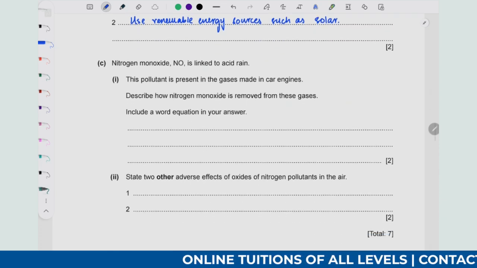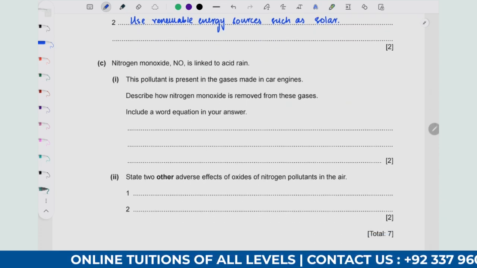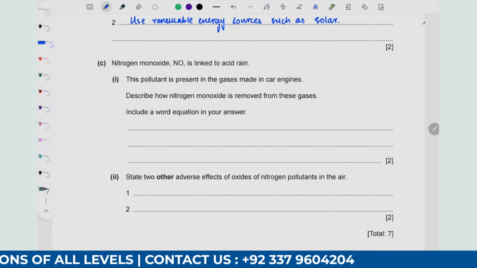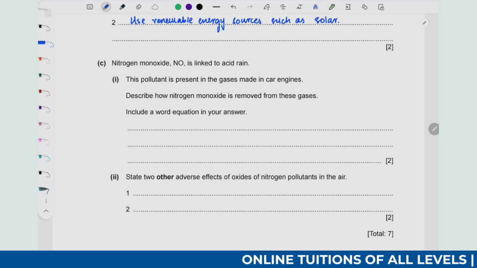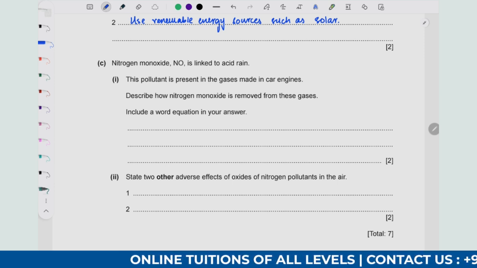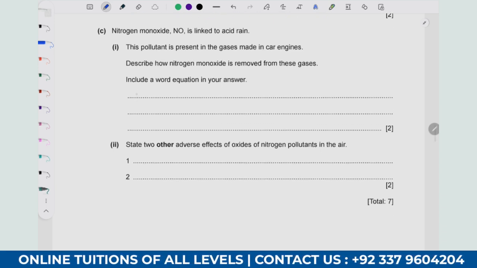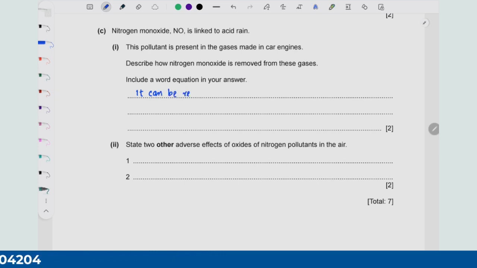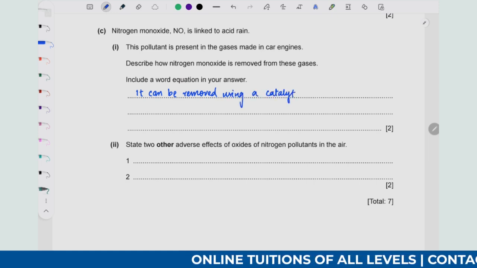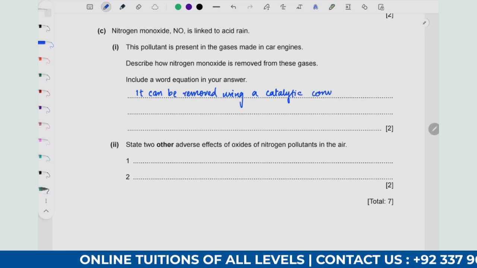The expert is saying that nitrogen monoxide is linked to acid rain. This pollutant is present in the gases made in car engines. Describe how nitrogen monoxide is removed from these gases. Include a word equation in your answer. So nitrogen monoxide is removed using a catalytic converter.